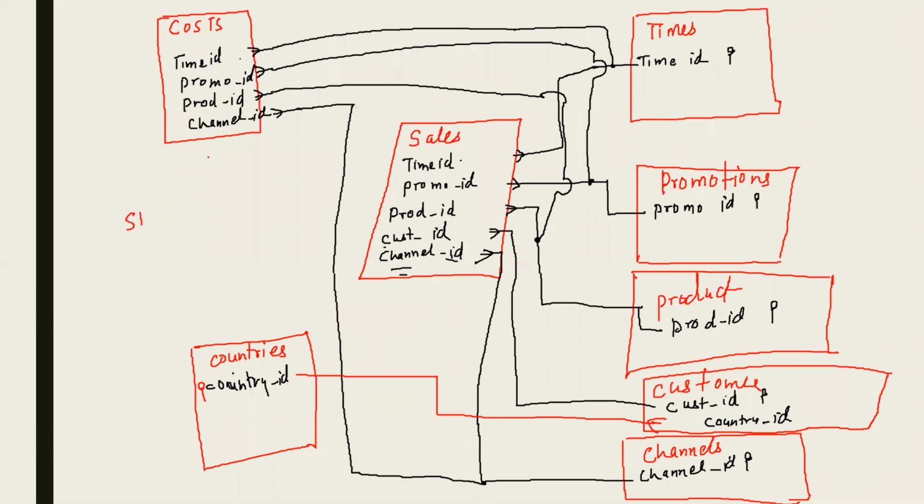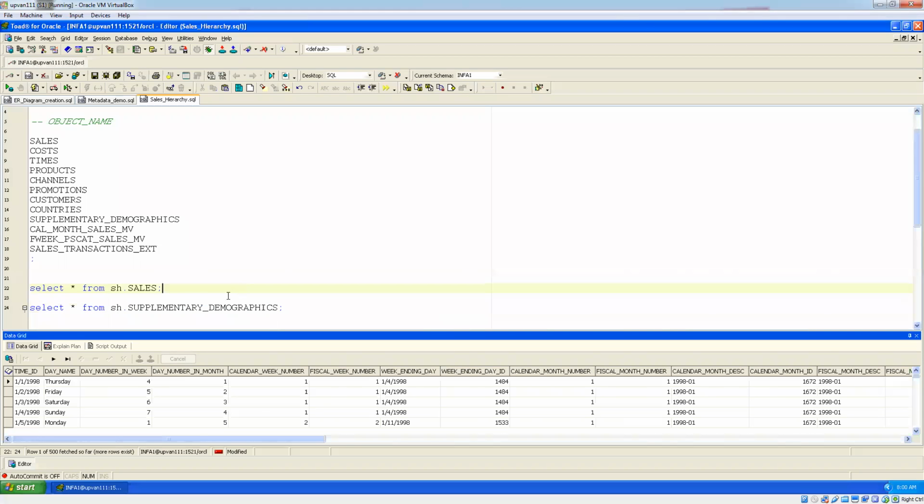I'm calling it SD, supplementary demographics. The primary key is cust ID. It is not referring to anyone and it is not referred to by anyone. So it is a standalone entity in this database until we find out otherwise, because it has no foreign key. Not related to other tables.